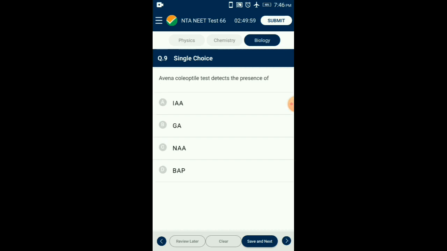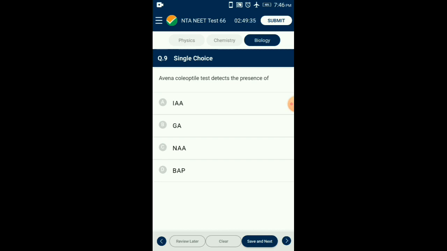Question number 9. Avena coleoptile test detects the presence of. Avena curvature test carried out by F.W. Went demonstrated the effect of auxins on plant growth by performing some experiments with the oat. The botanical name of the oat plant is Avena sativa. Coleoptile.